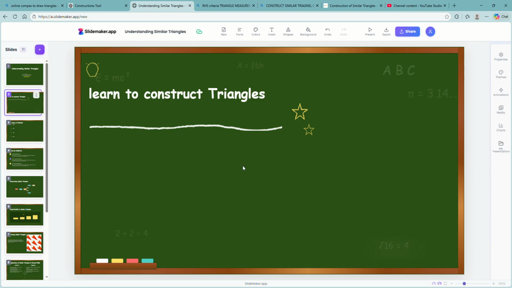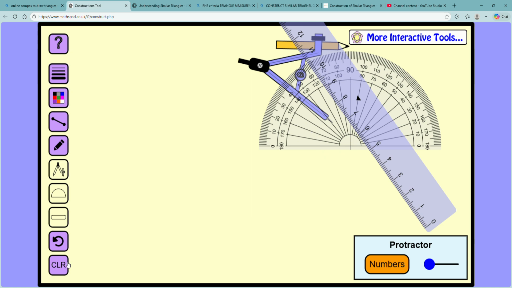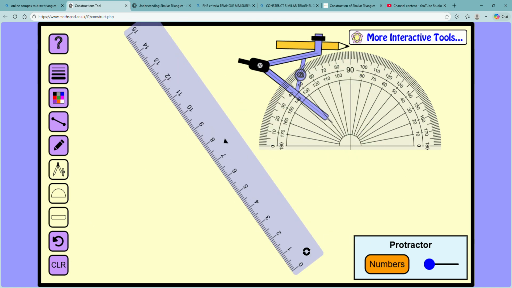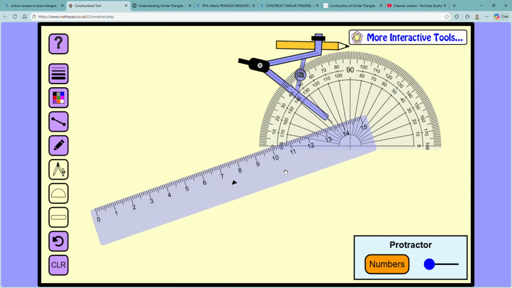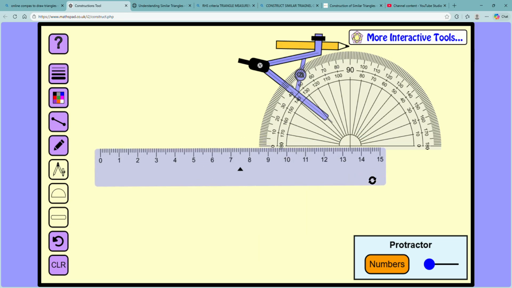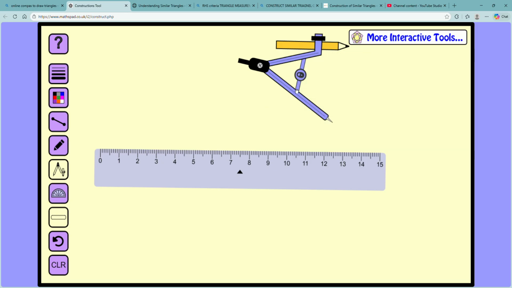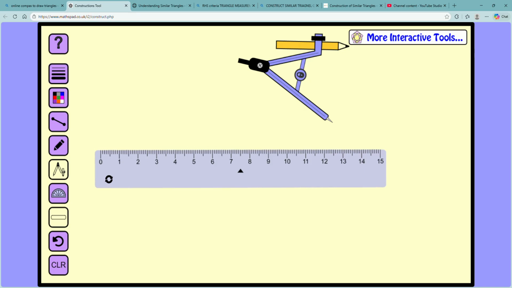So I'm going to consider some random measurements of my own. For example, here I'm going to draw one of the triangles. Now I am creating a triangle having a base. I'm drawing a triangle using a side criteria.